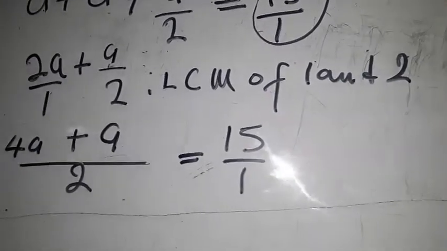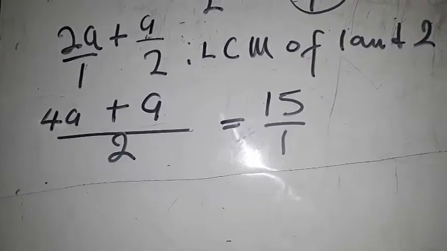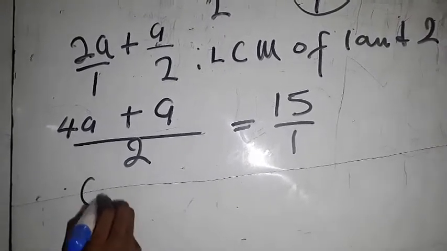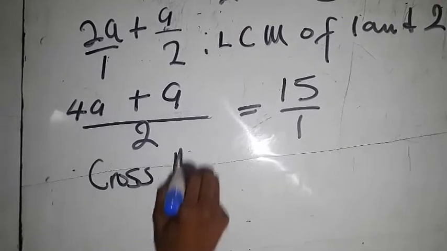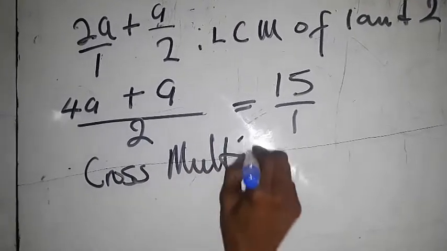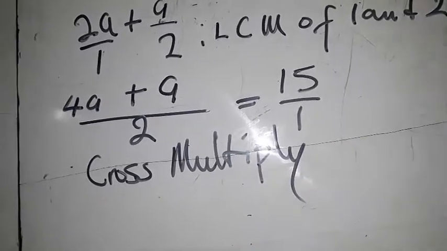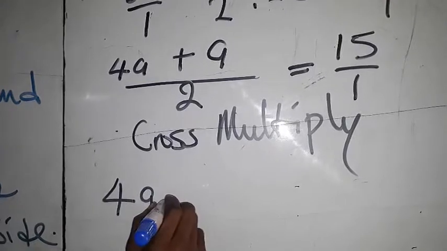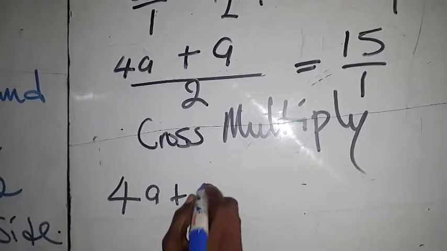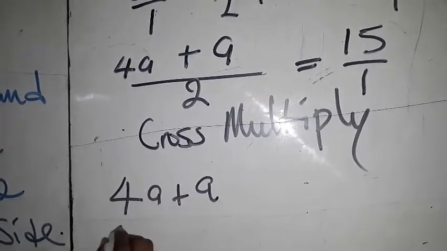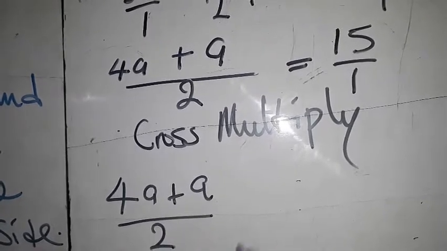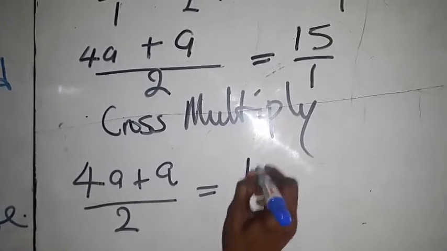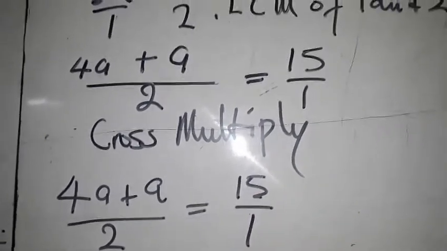So in that case, remember in our calculation of the other time we said cross multiply. So we are going to do cross multiplication there, which is going to give us 4a plus a all over 2 equals 15 over 1.